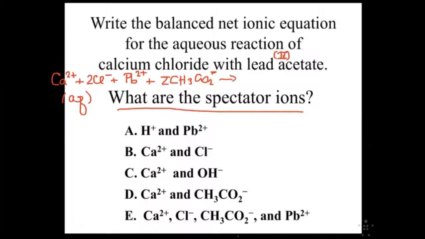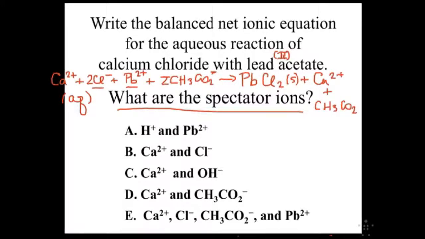And then that's going to make lead chloride, PbCl2. And if we look on the solubility chart, that's a solid. And then we're going to be left with the calcium 2+ ions and the acetate ions.